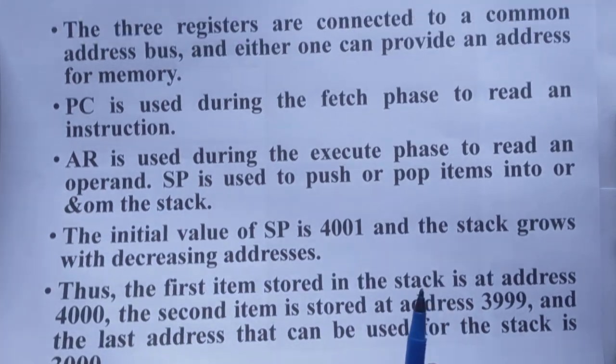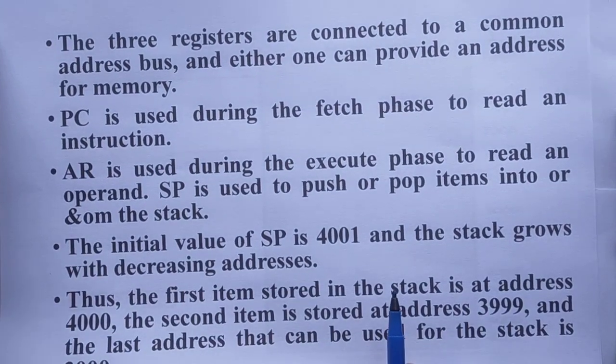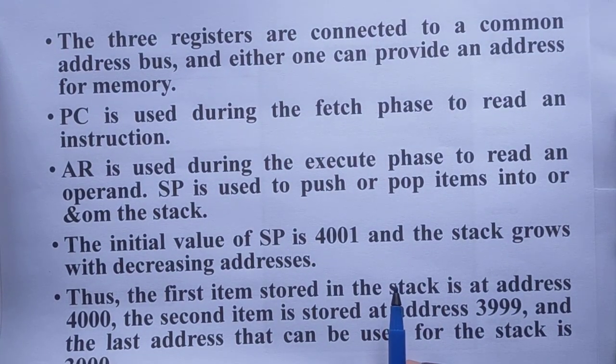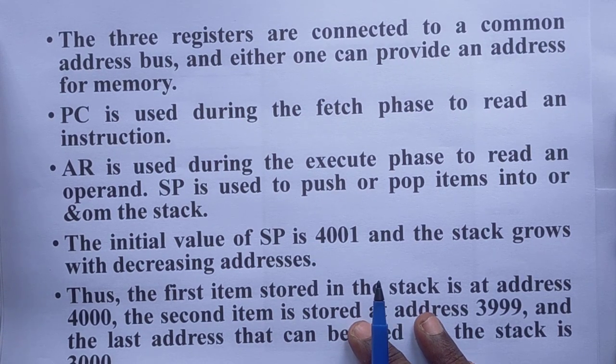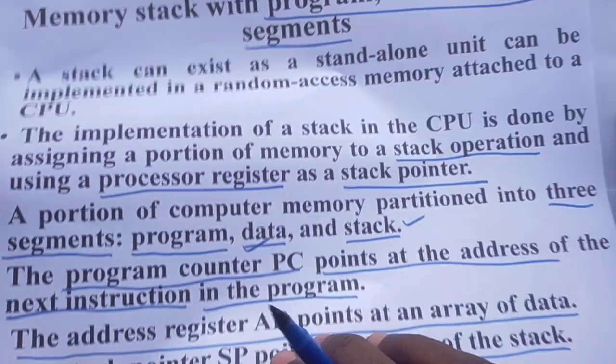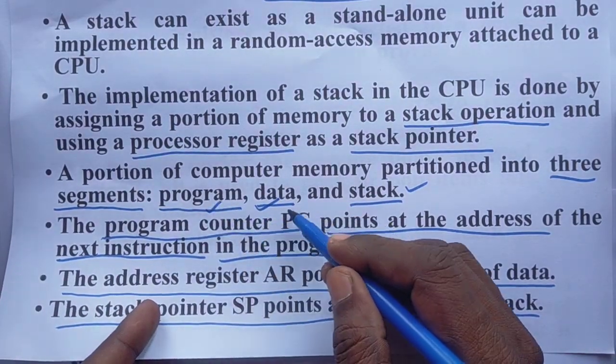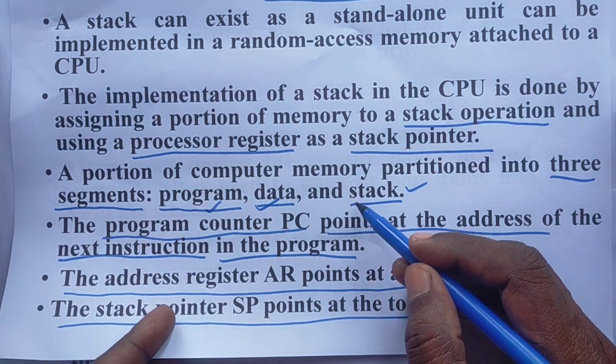Why am I telling this? Because whenever we have to use an individual segment, or those segments need to be used as per our requirement, then three registers are required. As I have already explained, the first part is a program, the second part is data, and the next part is a stack.